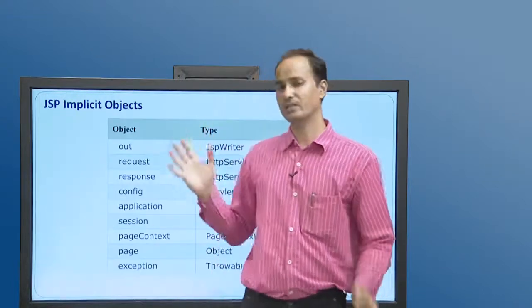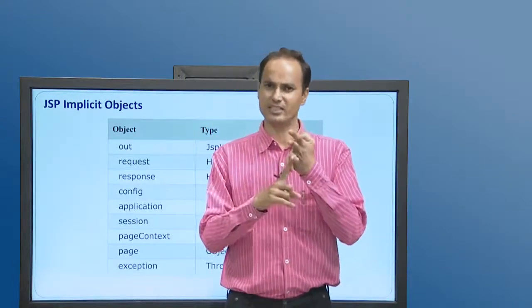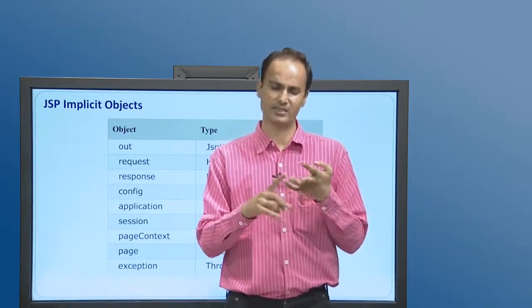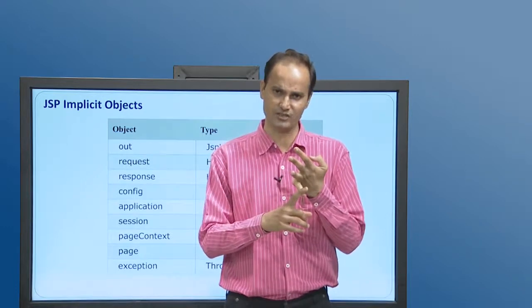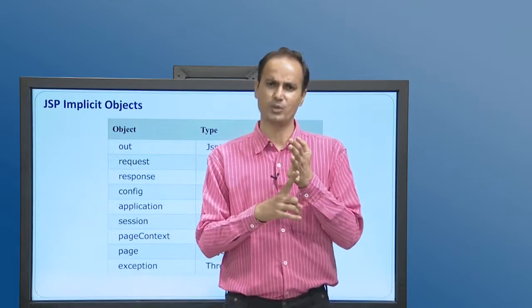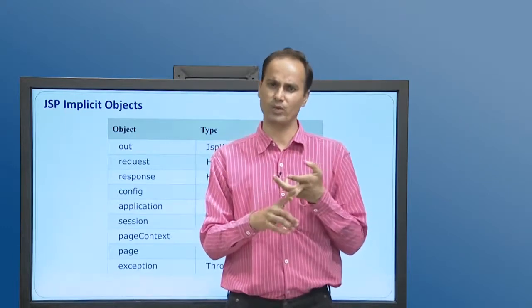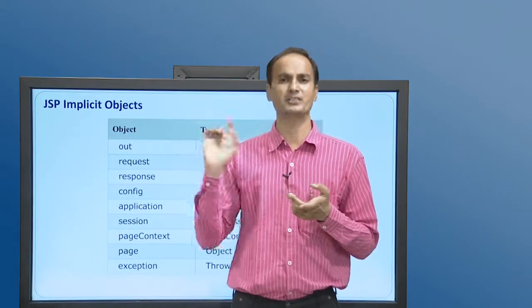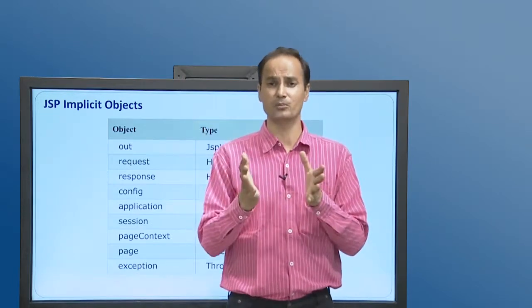Then after learning the JSP scripting elements, and then the standard actions, in terms of all this jsp:useBean, include, forward, plugin, the next point is all about implicit objects. These are known as implicit objects. Why?